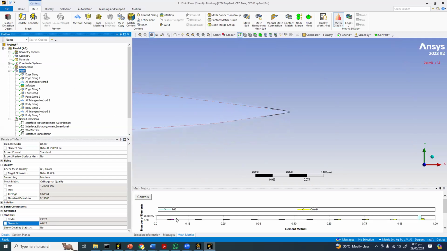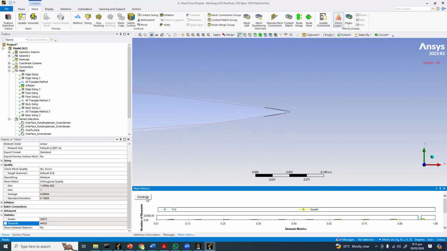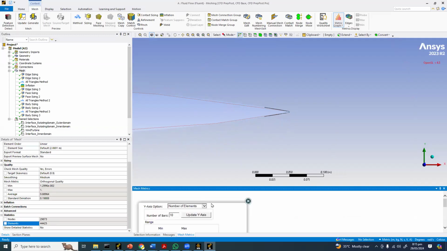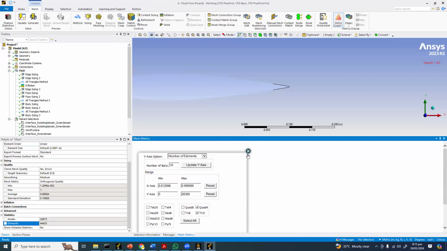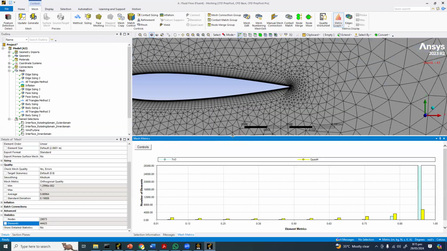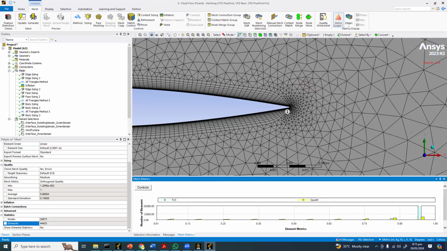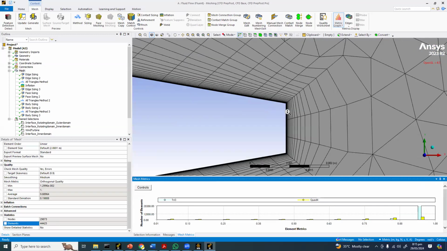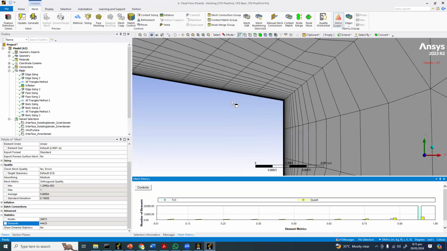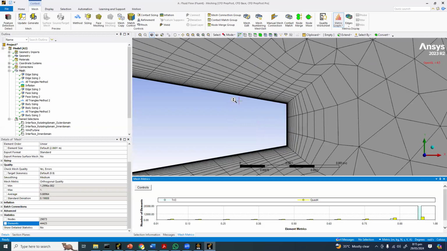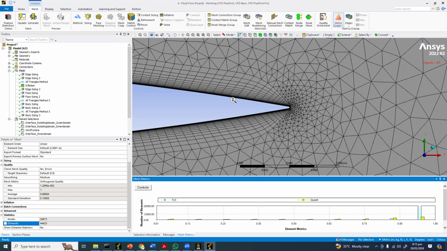That we can see from here, very obvious. The only solution is that we have to increase the number of cells.